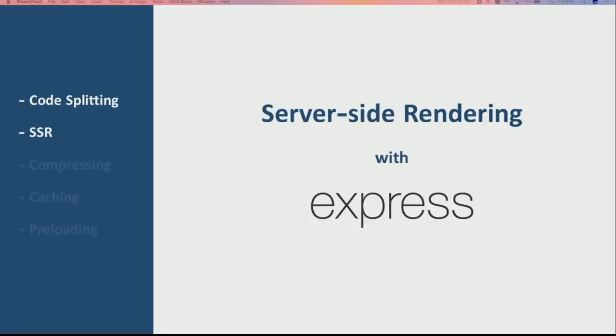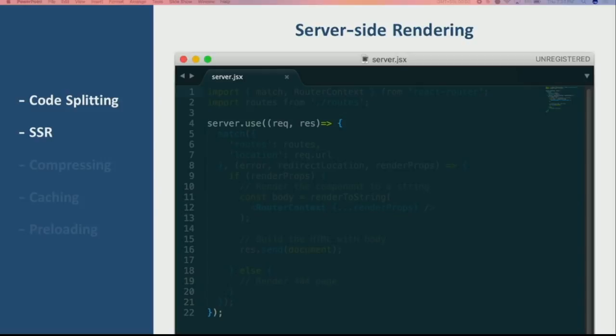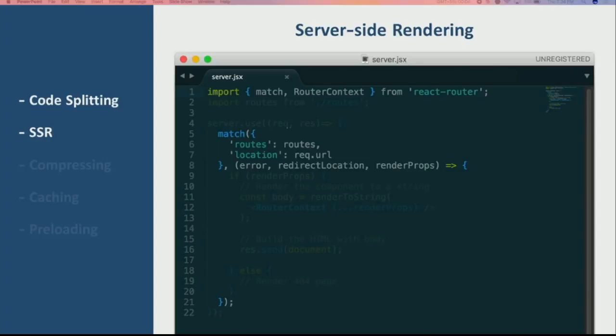The second one is server-side rendering. Everyone knows it. I've used Express here, pretty straightforward. All the requests you make come here, and I use the match API of React Router, where based on the request URL, I match with all the routes which I have.